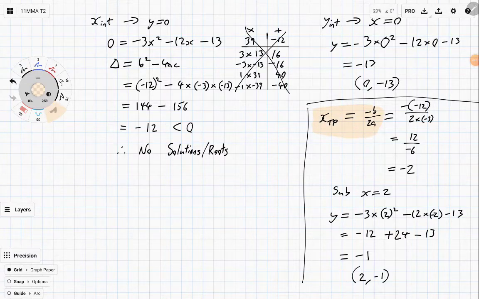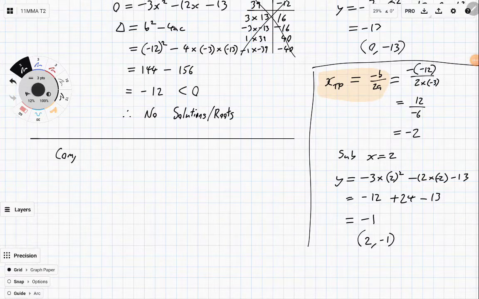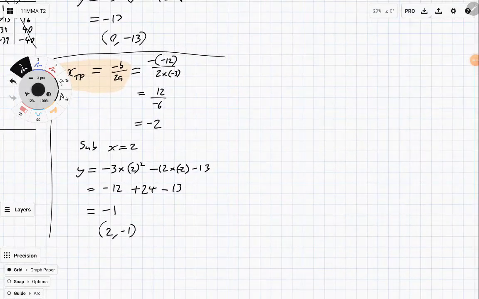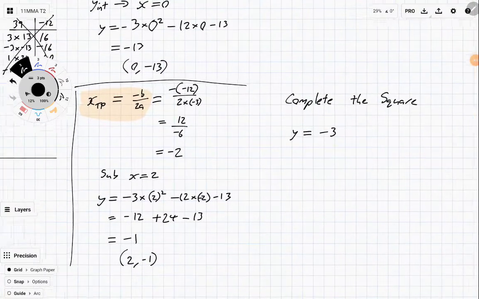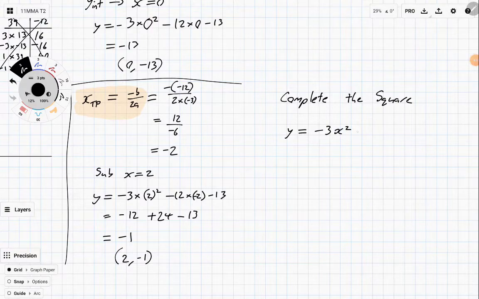Option number 2 is let's complete the square. Oh, let's do it off to this side. Complete the square. Now, if you've had a bit of practice with this, it shouldn't be too difficult. This is a relatively nice one, so it's minus 3x squared minus 12x minus 13.